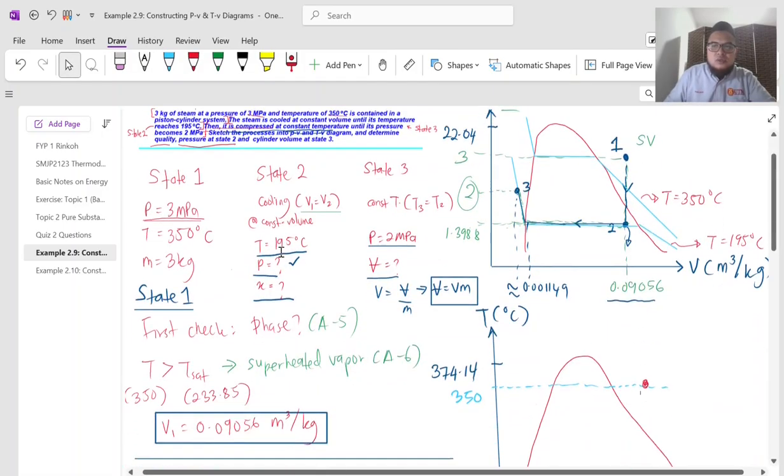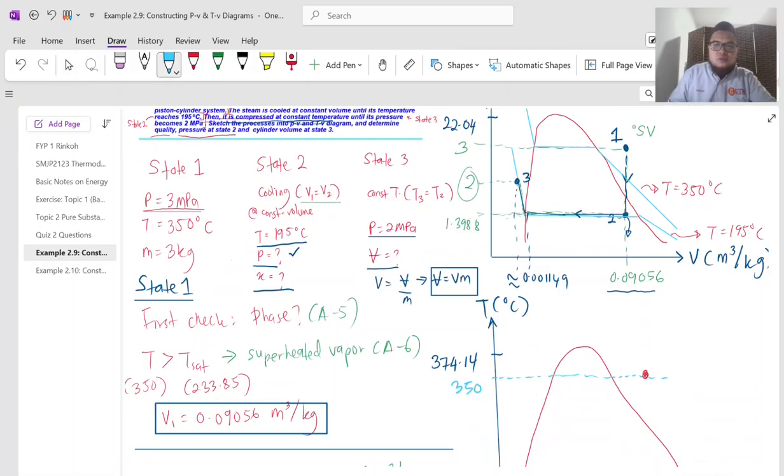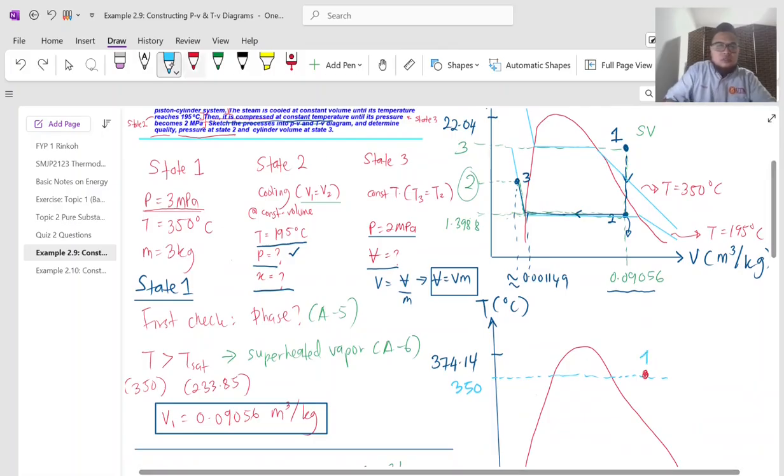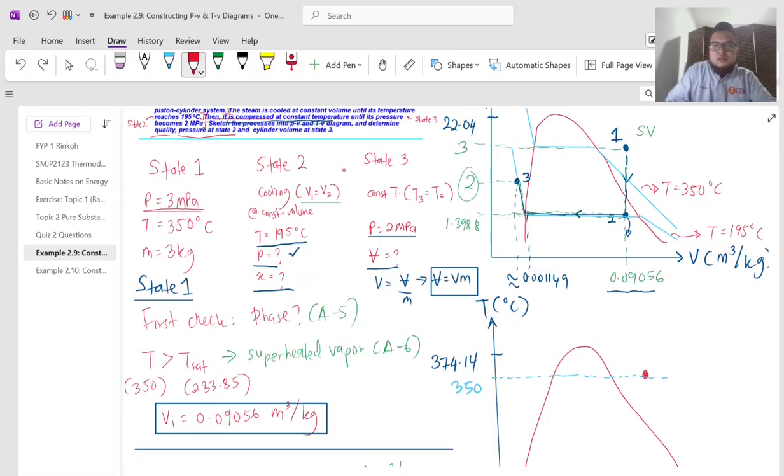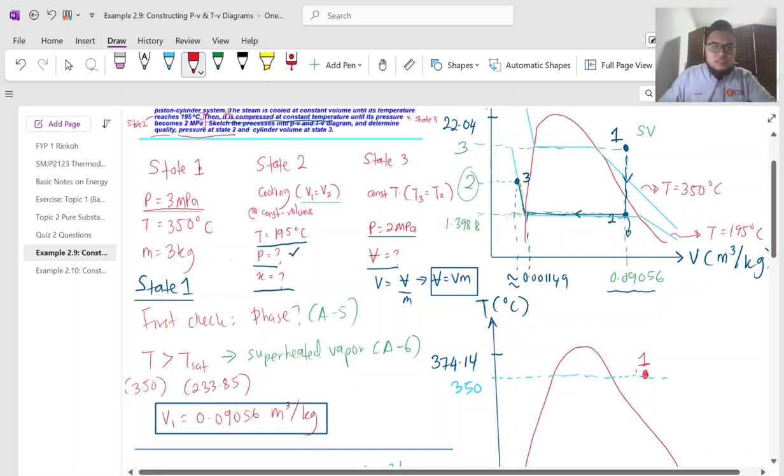State 1 is in the superheated vapor region, so state 1 is here. Let me draw with a different pen. This is state 1, at 350 degrees Celsius.